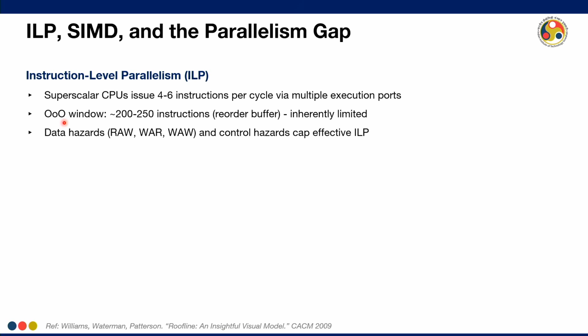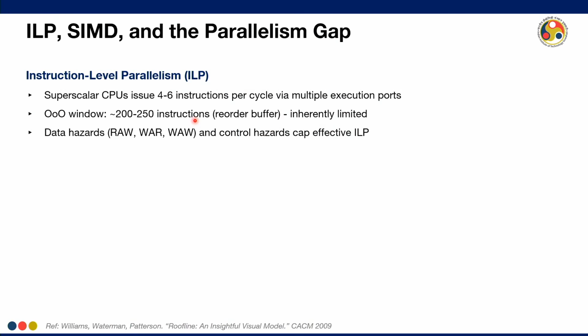Modern CPUs have a buffer called the reorder buffer, which looks ahead around 200 to 250 instructions in advance and sees which instructions are dependent and which we can execute early, even if stalls happen in the previous instructions.